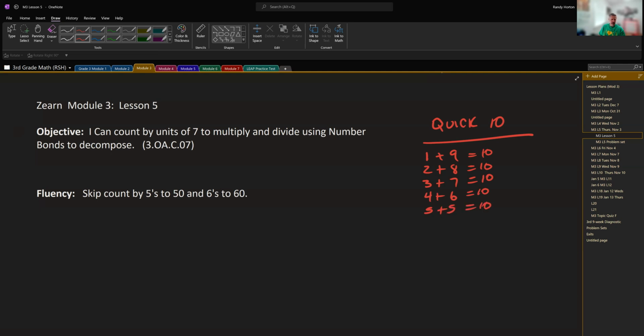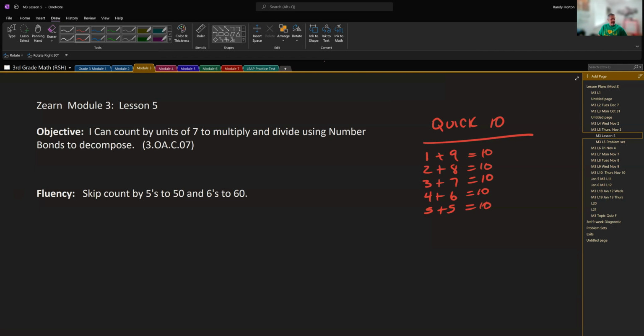And since we already have 6 and 4, 7 and 3, 8 and 2, 9 and 1, that's all of them. So we're going to use this quick 10 method to quickly break apart and add numbers together. Let's see that in action.